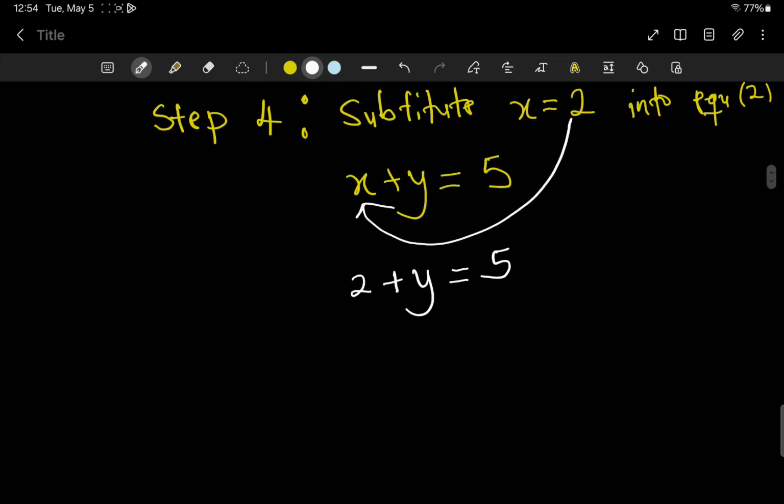Okay. Now after this, we will say our y is equal to 5 minus 2. Okay, we have moved the 2 to the other side, so it becomes negative. So our y should be equal to what? 3.